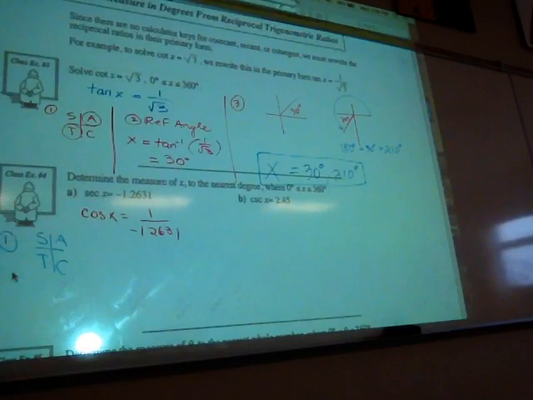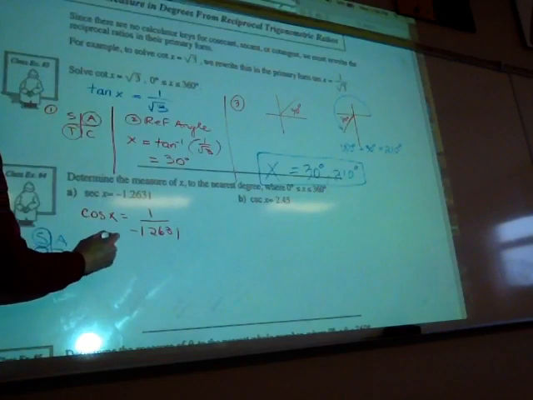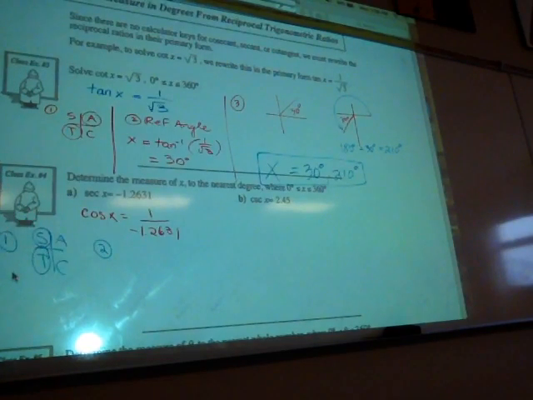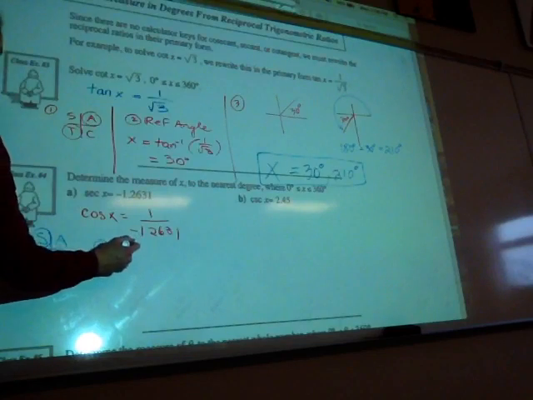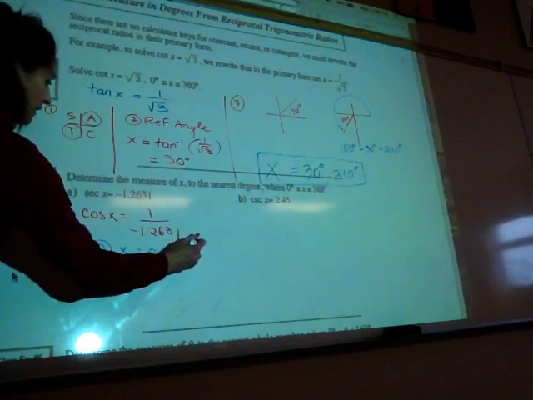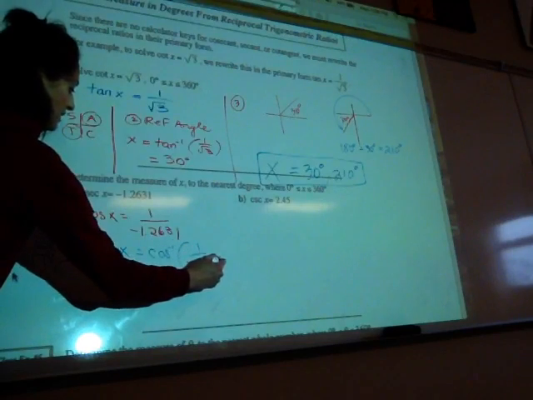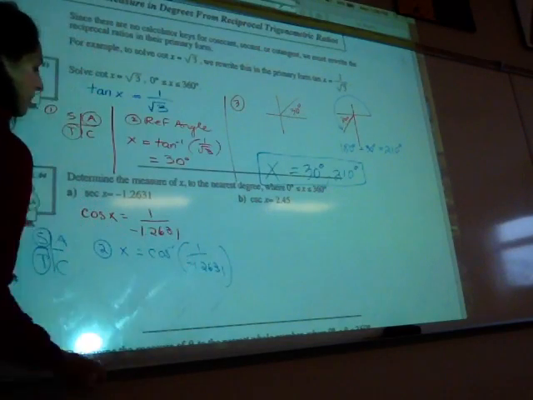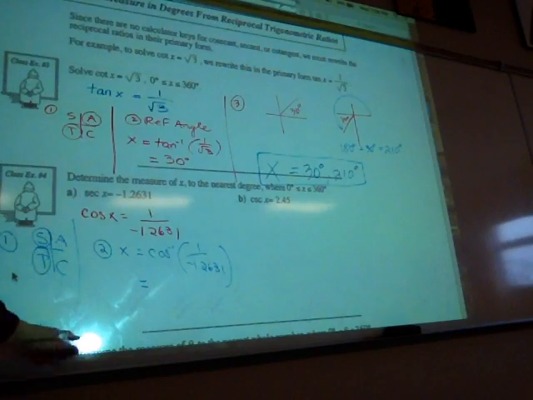Cosine is negative, so it will exist in quadrants 2 and 3. Let's figure out what our reference angle is. X will equal second cosine of 1 over negative 1.2631. What's our reference angle?